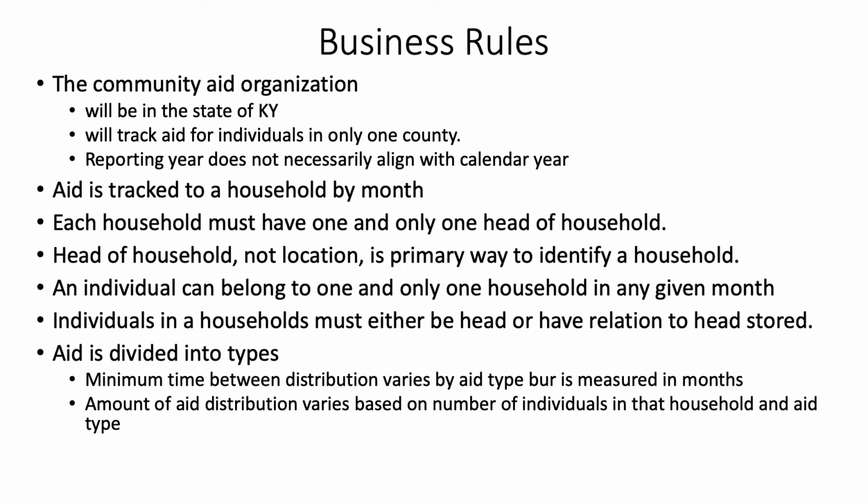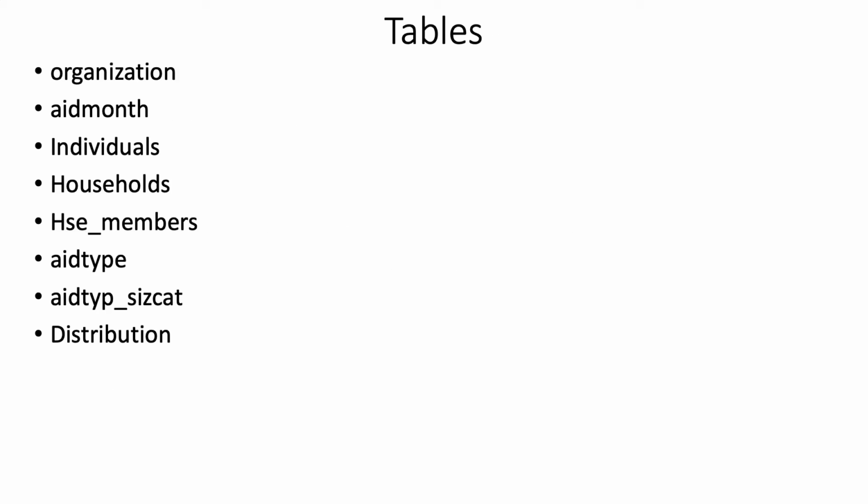The amount of aid distribution varies based on the number of individuals in that household and the aid type. So I'm going to need an aid type size category, so that it may be that for food we talk 1 to 5 people, and then another category for food is 6 to 10, and I'm not sure what they are.